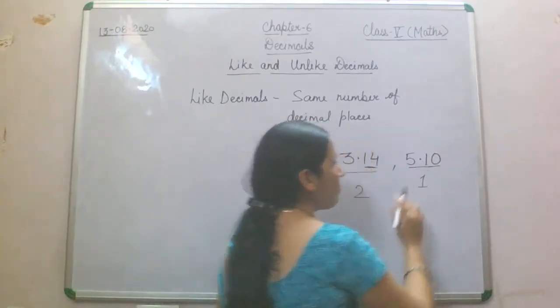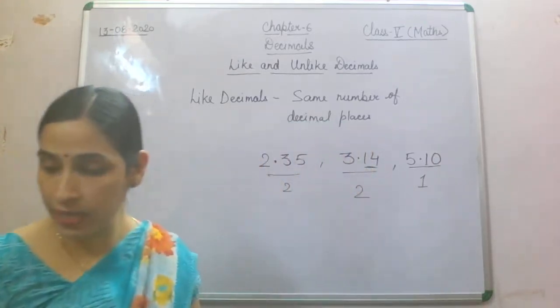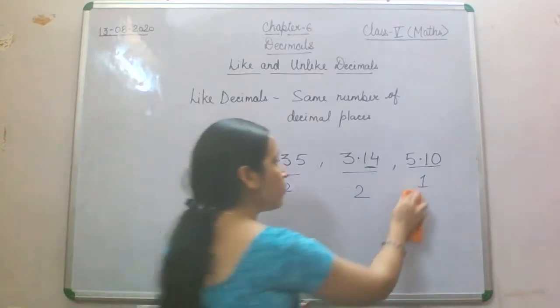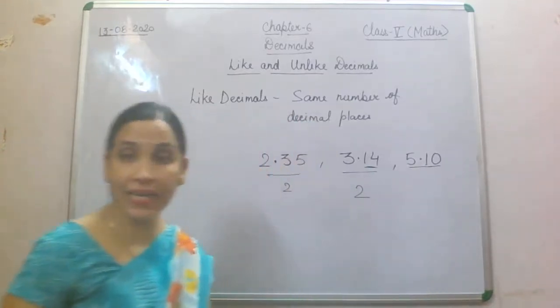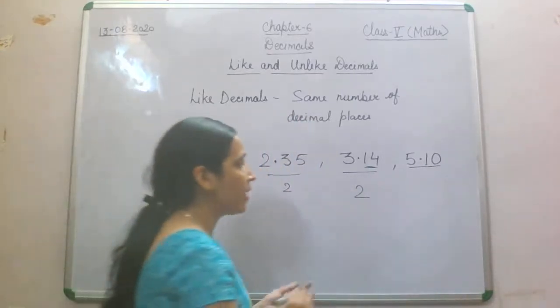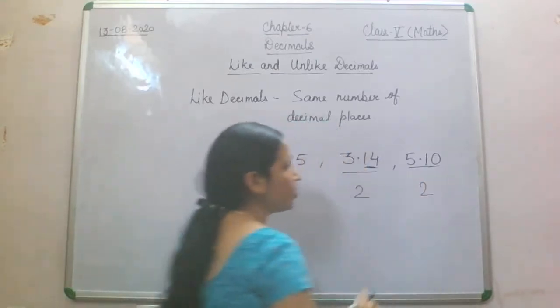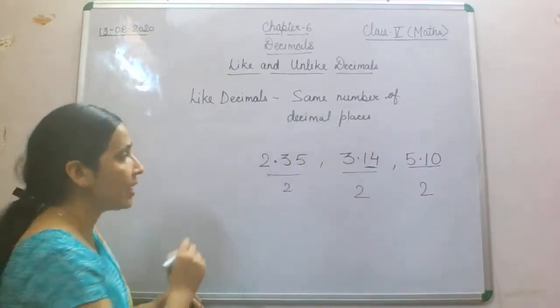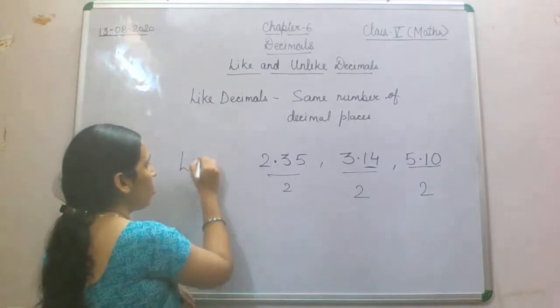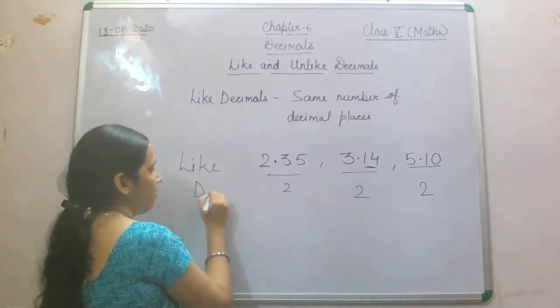Now this number also has 2 decimal places, and these 3 numbers become like decimals.